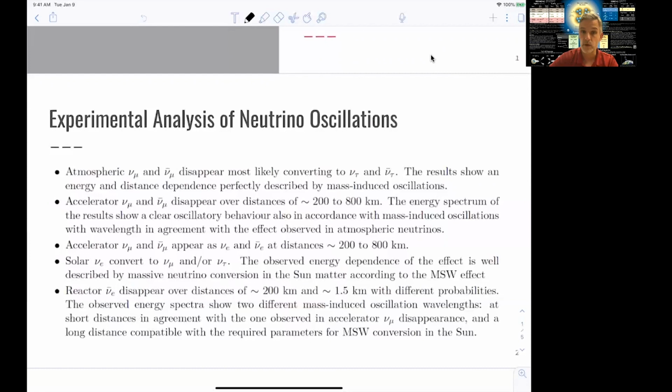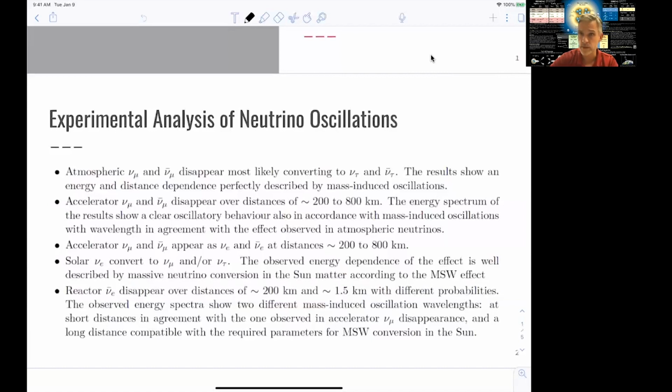From accelerators, we also know that they appear or reappear as electron or anti-electron neutrinos over those same distances. From the solar neutrinos, we know that electron neutrinos convert into muon neutrinos and/or tau neutrinos.